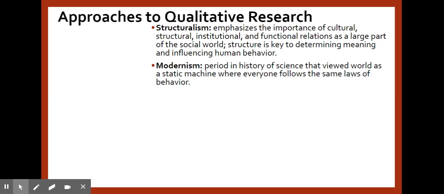Modernism refers to a period in the history, generally of scientific view, that looked at the world as a static machine. So it really was conceptualizing of the entire world in a very positivist frame, in a very linear process where you can understand and break down every piece of that static machine to understand how people follow the general laws of behavior. When we say laws of behavior, we're not referring to legal laws or policy.